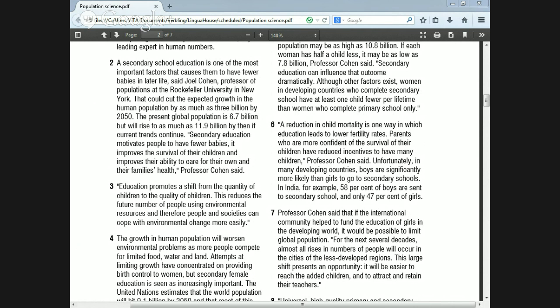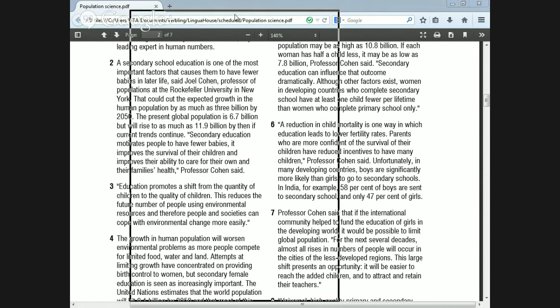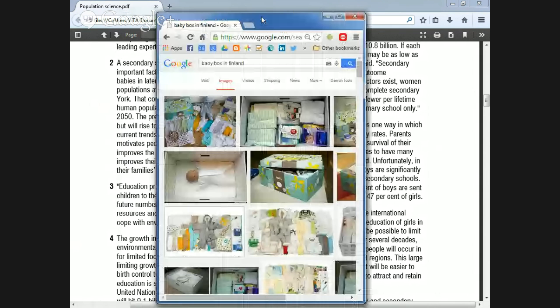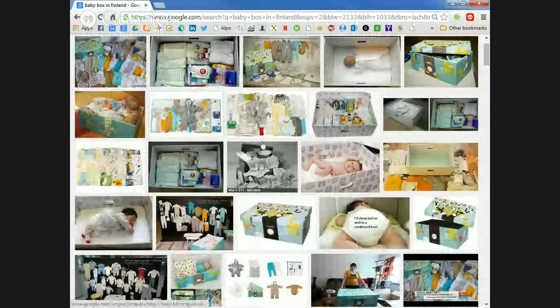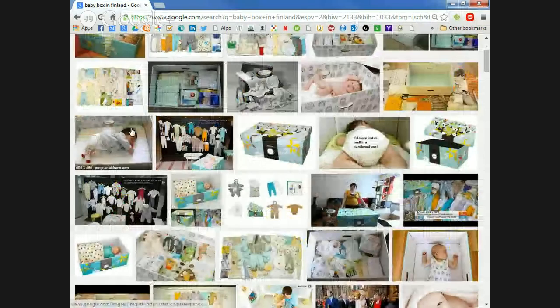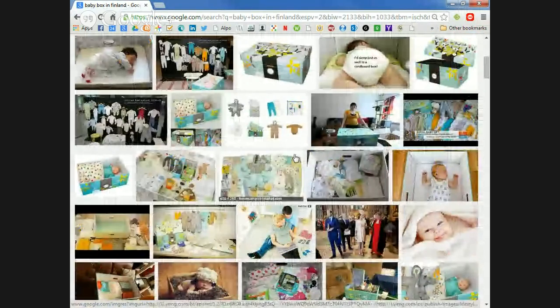Okay. Have you guys heard about the baby box in Finland? No. This is for every child. This is just something that's kind of interesting. Every parent in Finland has a choice between getting a baby box, which they actually use as a bed for the first few months, or money.